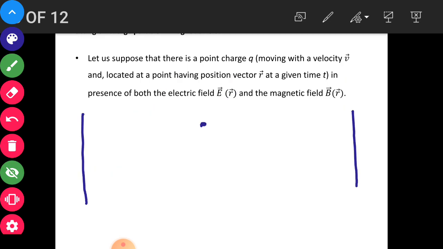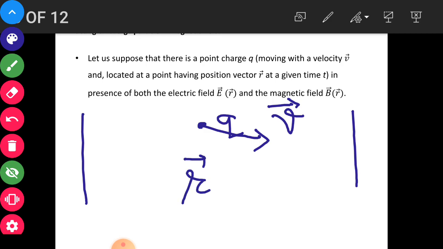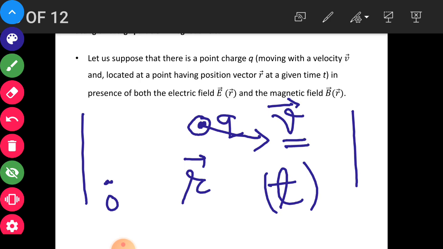Somewhere here a charged particle is there and it is moving in some direction with some velocity v, and position vector of this particular point is vector r with respect to some origin. Try to understand. This is the charge Q which is in motion. At a particular point of time, say t, the charge is located here whose position vector is r. The point whose position vector is r and its velocity instantaneously is v.